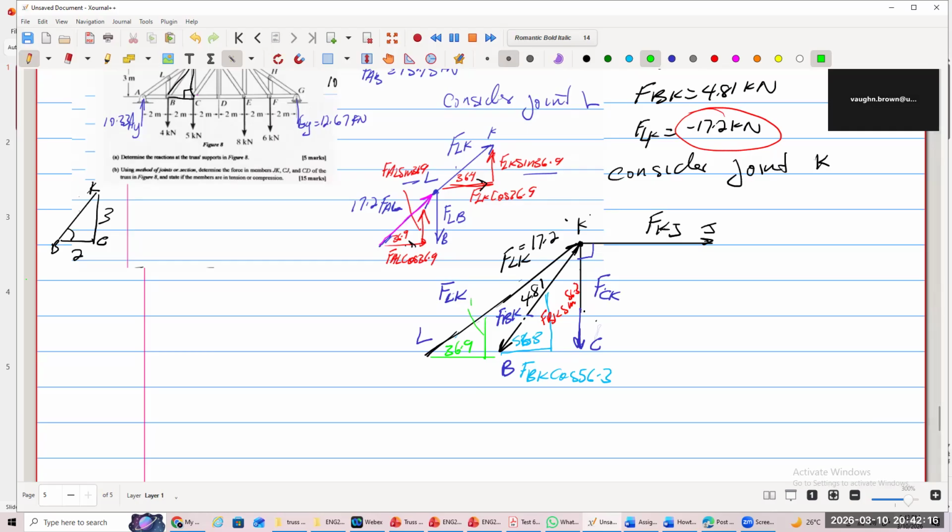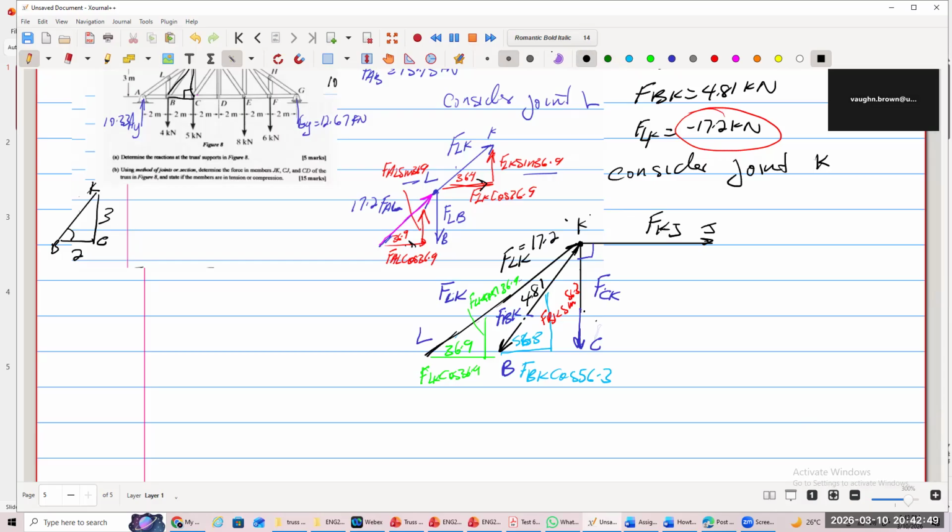So this is FLK sine 36.9, while this one is FLK cos 36.9. That is why I'm writing them, to show you that they're all there. Maybe I used a wrong green. The green that I use is kind of too neonish.